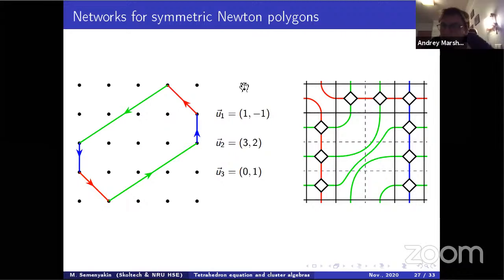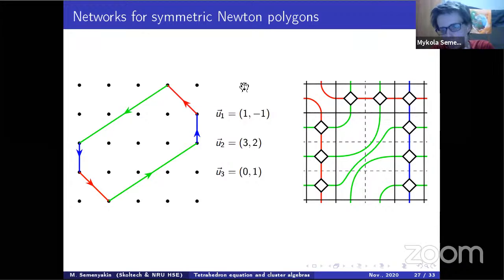I'm lost. Are you saying that you can construct new solutions to the tetrahedron equation? No. But what is new? It is known that there is an integrable system corresponding to any Newton polygon. But this was known in cluster algebras, not in tetrahedron science.